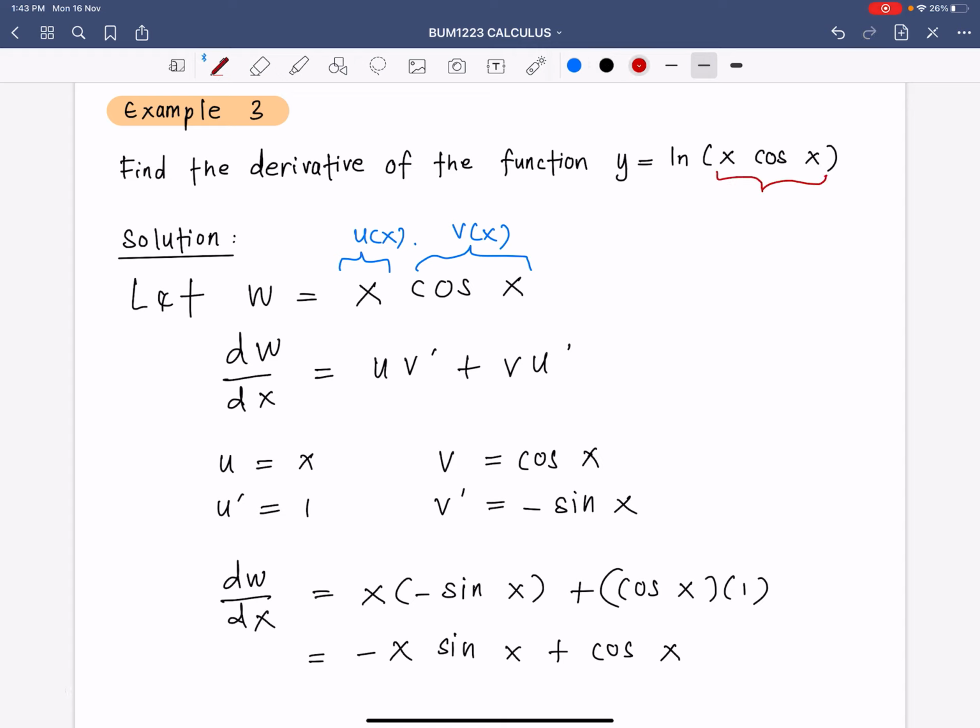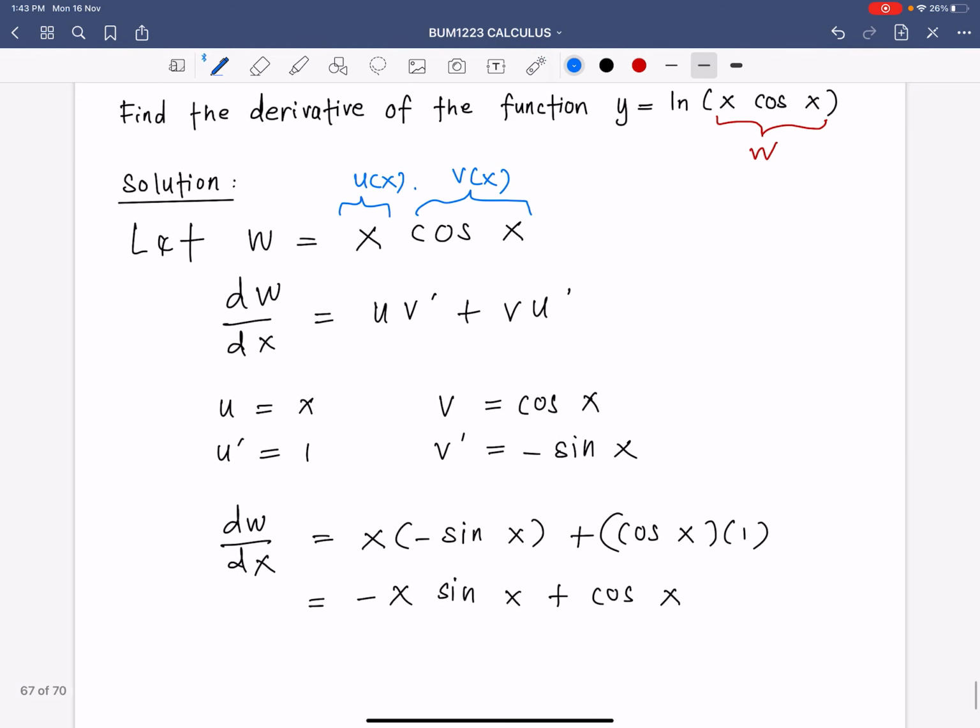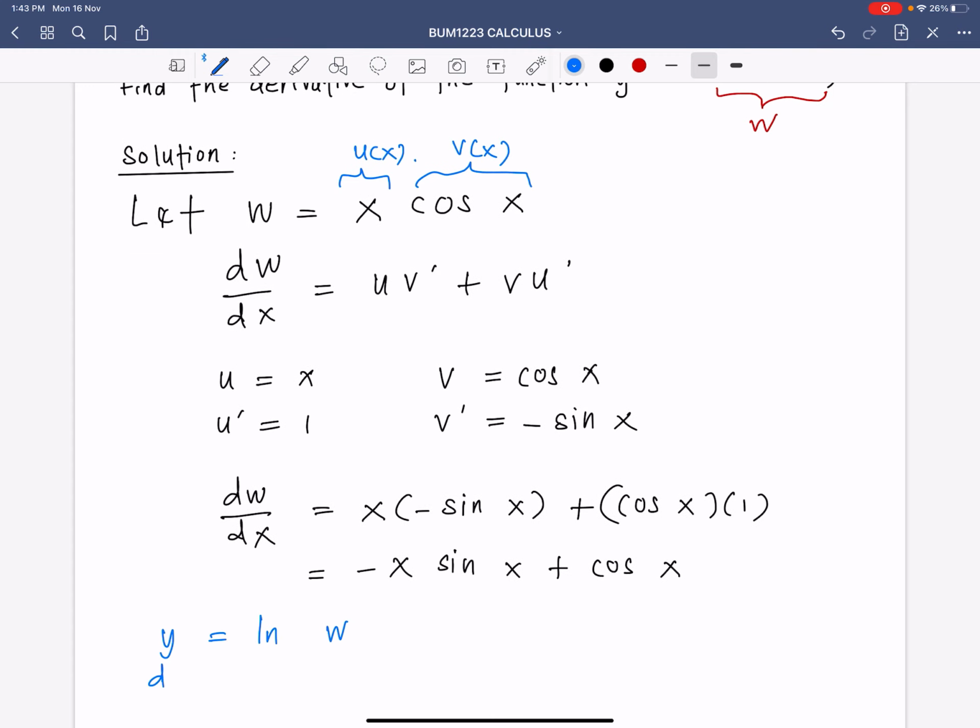Okay, just now we have assumed this as w here. So that means your y equals ln w. Okay, so dy dw is equal to 1 over w.